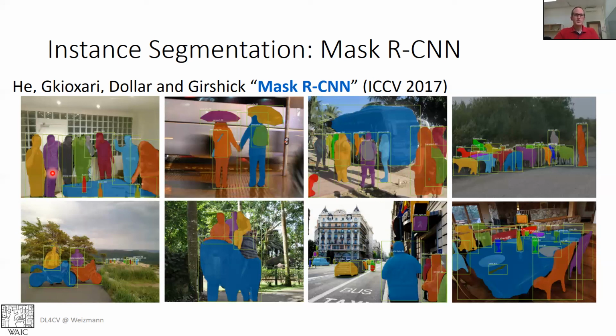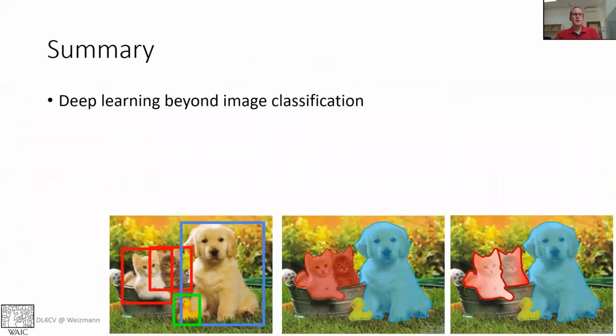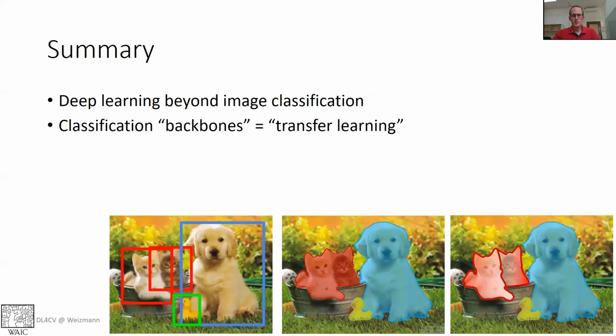So it's good to know about these tasks, about detection, segmentation, and instance segmentation, but we can extrapolate. These methods can be extrapolated to solve more tasks. To recap, we saw today how to take deep learning beyond image classification, to more challenging tasks that are not trivially an extension of image classification. But in all these tasks, we use backbones.